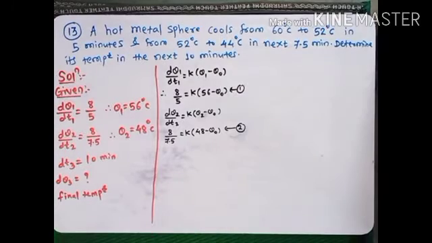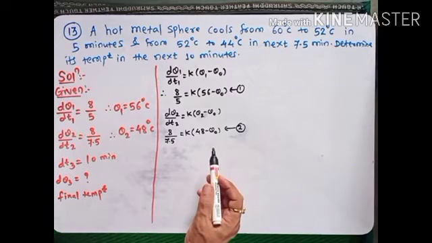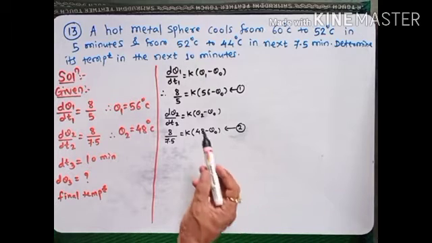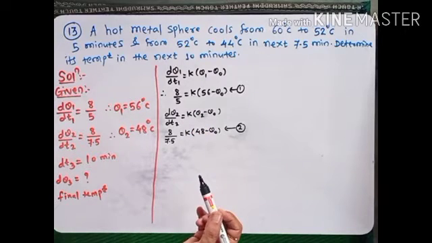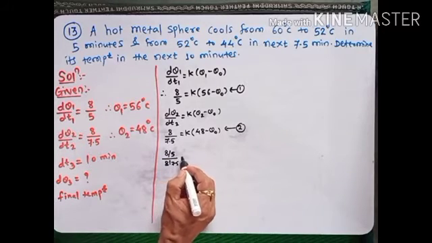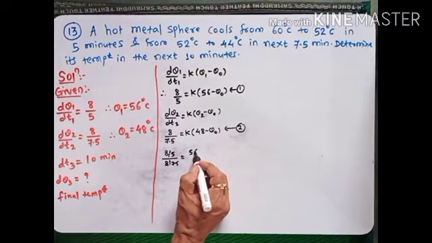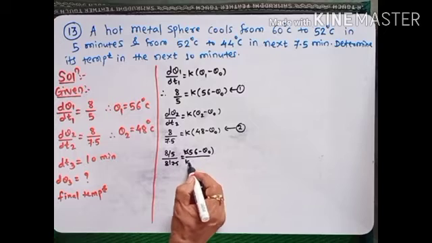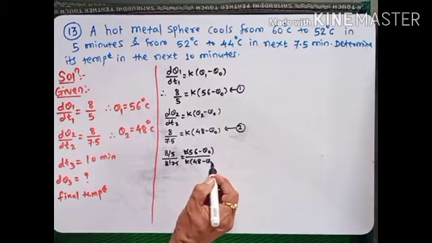Now using these equations, we first obtain the value of theta 0. Suppose we divide equation 1 by equation 2, then we get 8 by 5 divided by 8 by 7.5 is equal to k into 56 minus theta 0 divided by k into 48 minus theta 0.